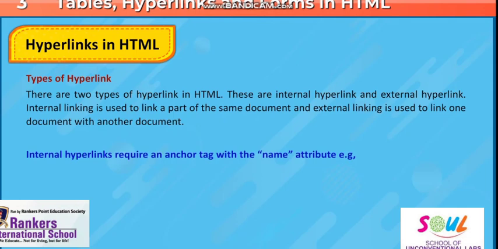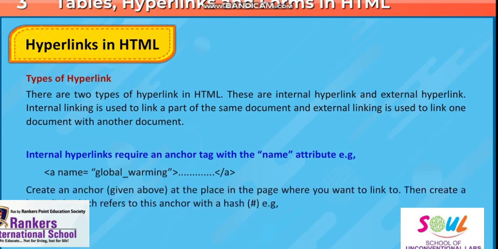For example: a name equal to global_warming in double quotes, /a. Create an anchor given above at the place in the page where you want to link to. Then create a hyperlink which refers to this anchor with a hash. Example: click here to learn more about a href equal to #global_warming in double quotes, Global Warming in capitals, /a.